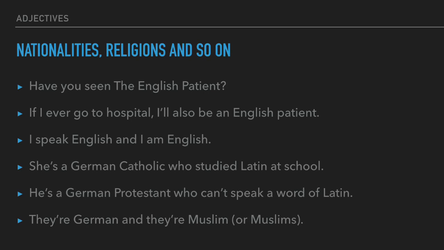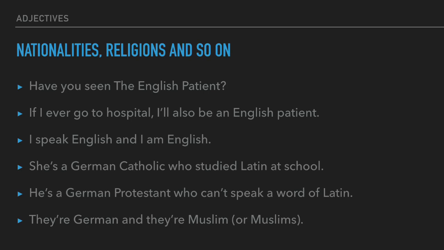And that's the same for specific religions as well. So she's a German Catholic, capital G for German, capital C for Catholic, who studied Latin at school. Latin here, I suppose it could be the name of the subject or it could be the name of the language. Makes no difference. It's a capital letter. He's a German Protestant who can't speak a word of Latin. Here, Latin's definitely the language. Oh, look. German, Protestant, Latin, they're all capitalised.